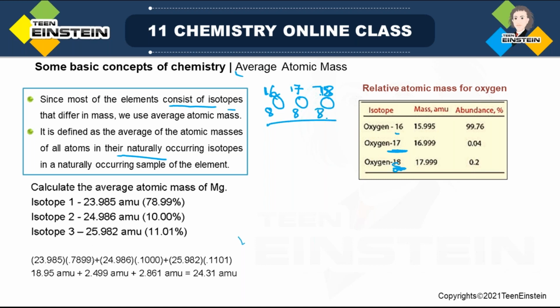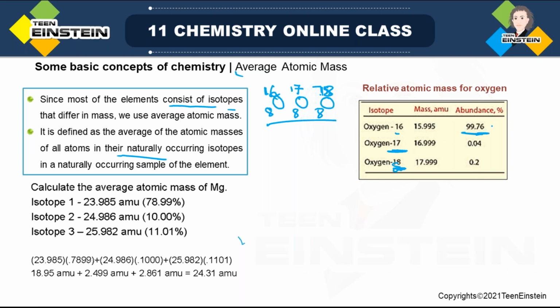So atomic number is the same but mass is different, and it is because of a different number of neutrons, because we know mass is P plus N. P is the same, mass is different, that means N must be different. So these are the isotopes and the corresponding abundance given.